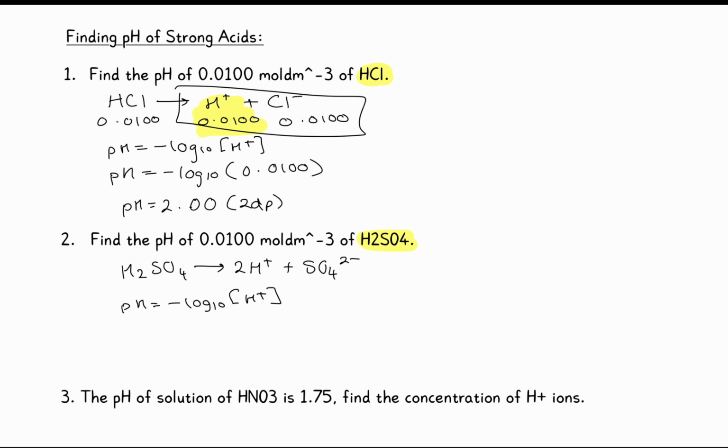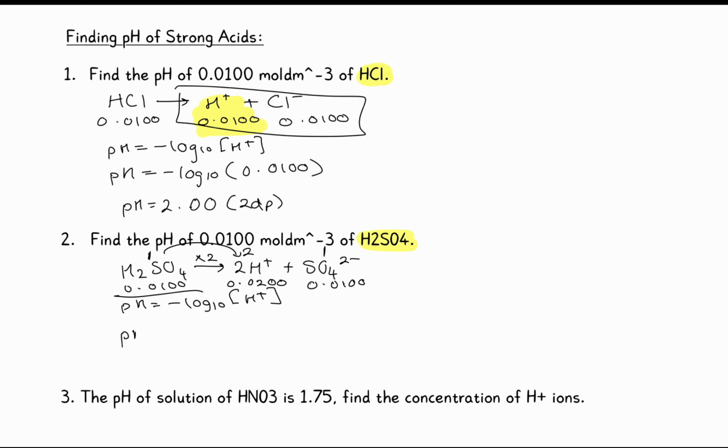Now I have my 0.01 here, but for every 1 molecule I have of this, I have 2 lots of hydrogen ions that I'm producing. That means if I have 0.01 of this, I'm going to get 0.02 of this, double the amount. And because it's still a 1-to-1 ratio, the sulfate ions are going to be 0.01.